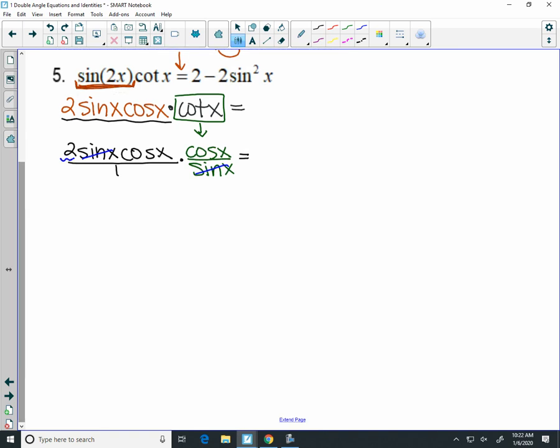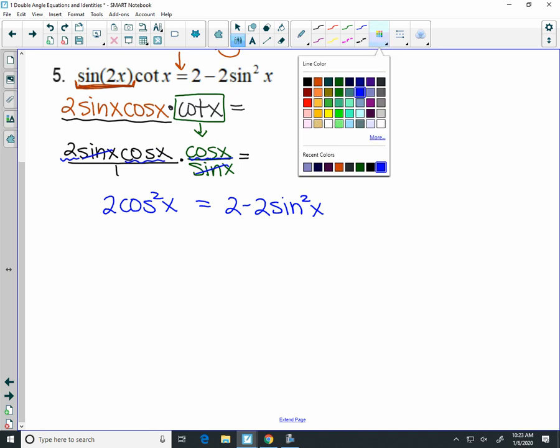So I have 2 left over. I have cosine times cosine. How can I rewrite that? Cosine squared. And now is a good time to bring down my goal here. My goal was 2 minus 2 sine squared. Change the cosine squared too. Yep.